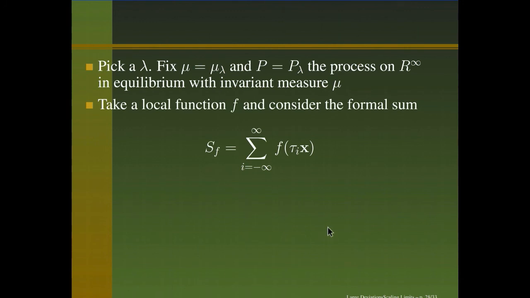So you take a local function f and consider the formal sum, which is the sum of x translates of f by tau i. Tau i is just a shift. For example, if f of x is x1, then tau 1 of x1 would be x2, and so on.